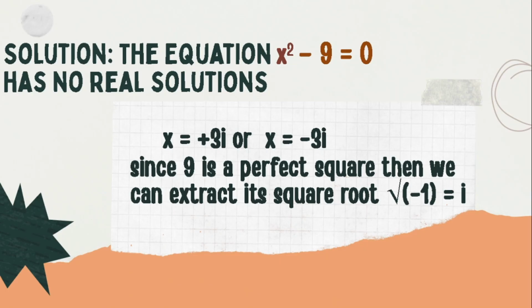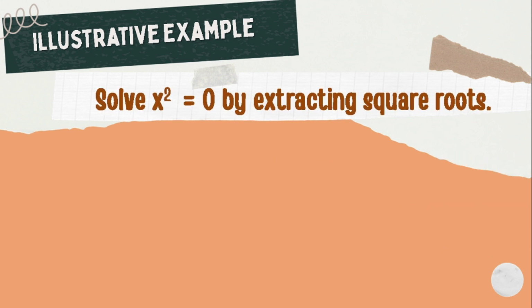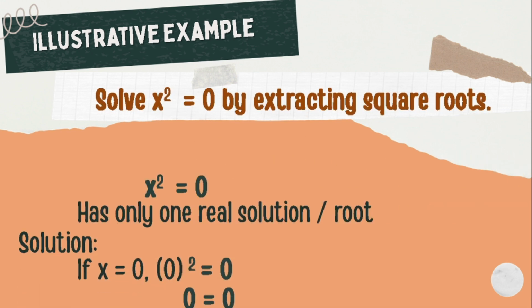The equation x squared plus 9 is equal to 0 has no real solutions, but we can express our answer as x is equal to positive or negative 3i. Since 9 is a perfect square, then we can extract its square root and express square root of negative 1 as i. Another example, solve x squared is equal to 0 by extracting square roots.